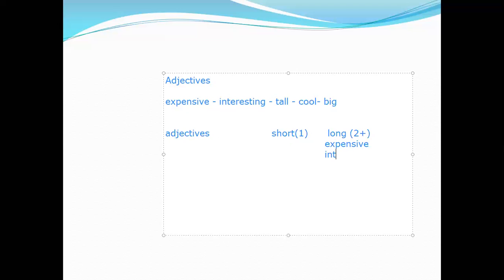So it's going to be long. Then we have tall, only one syllable. Tall. This is short. We got as well cool, only one syllable. And we have as well big. Okay, big is considered a short adjective.